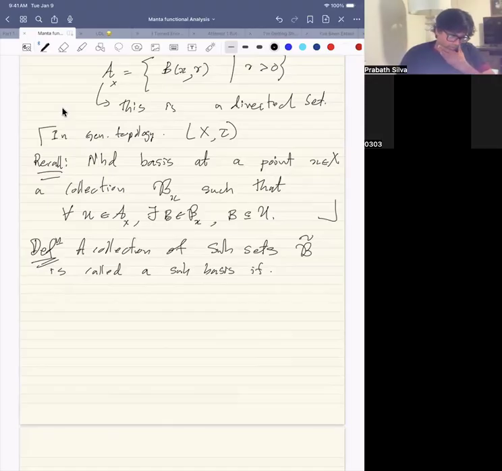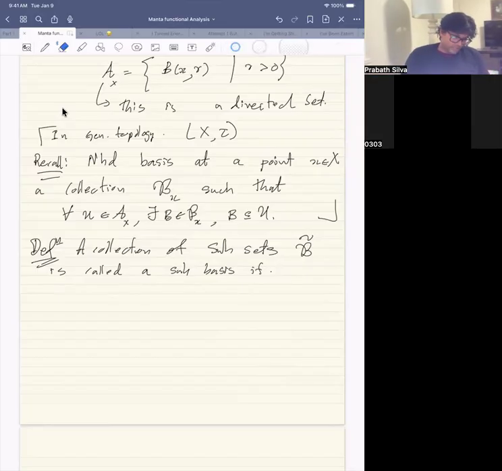Let me write that down first. If you have a collection of sets that starts off with some properties, then you can construct a topological space by taking finite intersections and then arbitrary unions. Such a collection of subsets is called a subbasis.